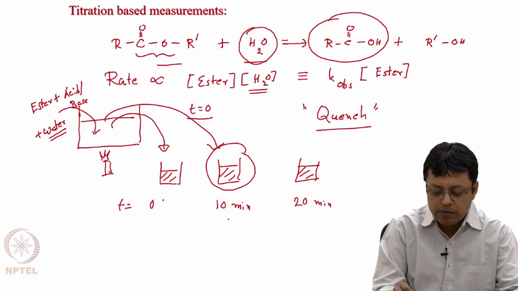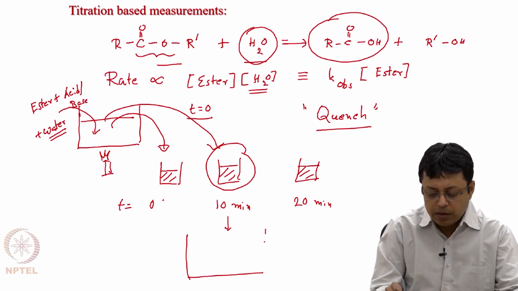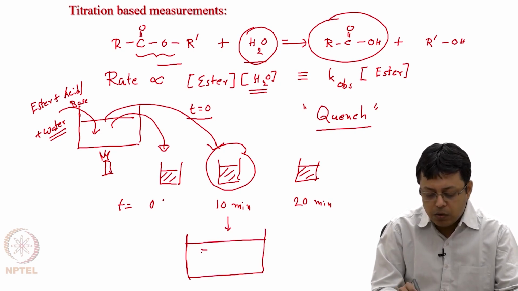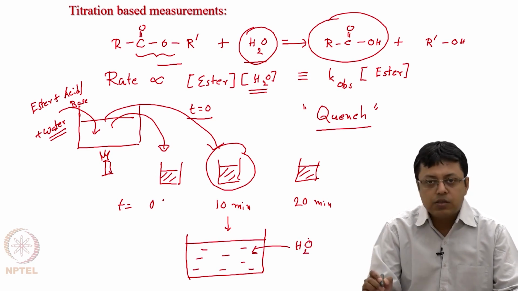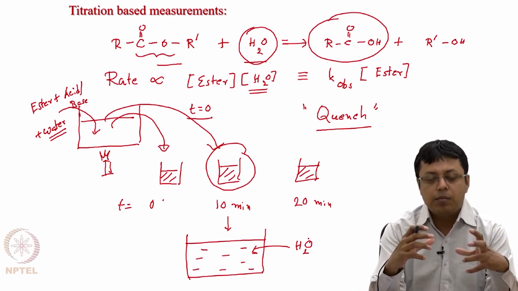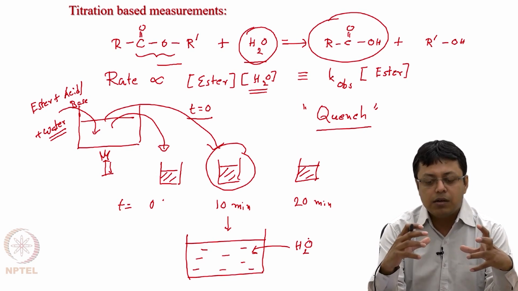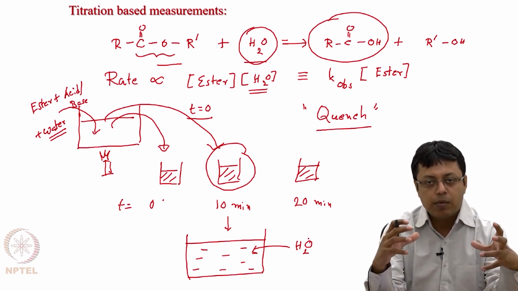Now this is very easy for this case. You take out the same volume and then you dilute it. You pour it into some excess water, so that the reaction mixture becomes extremely dilute, the ester molecules and acid molecules are far apart, and the reaction probability will be less because of collision induced reaction.